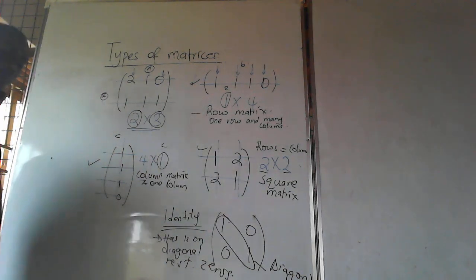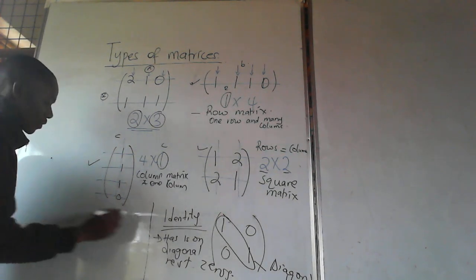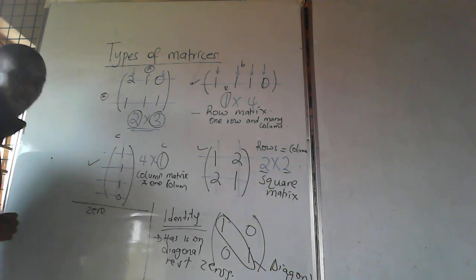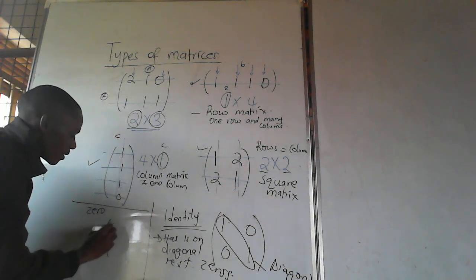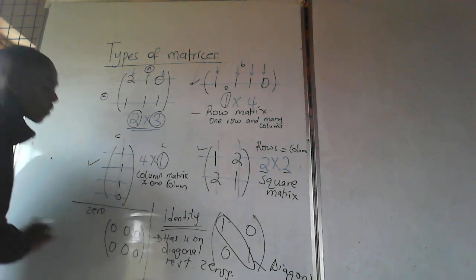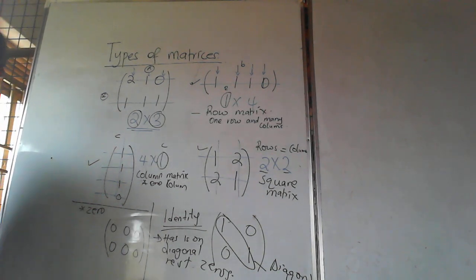Then one last one, there is what we call a zero matrix. The zero matrix is a matrix that has only zeros, like this one, 0 0 0 0 0 0. As long as all the elements are zeros, we call it a zero matrix.